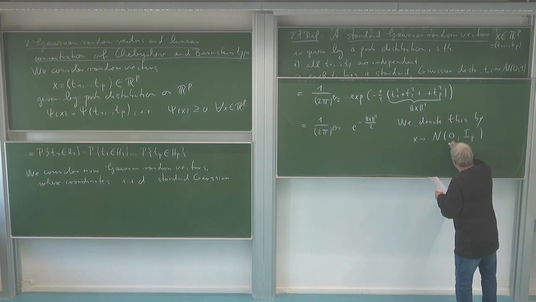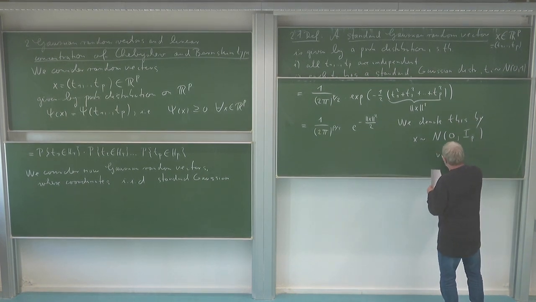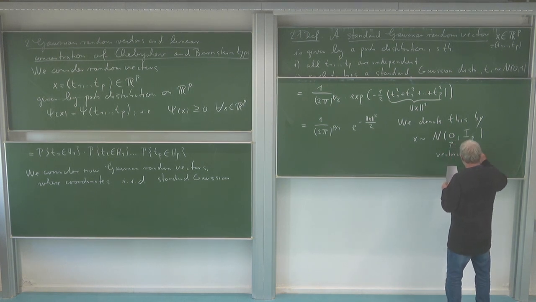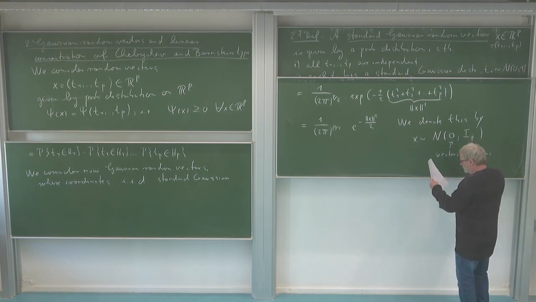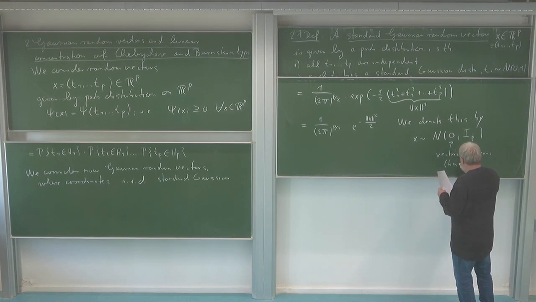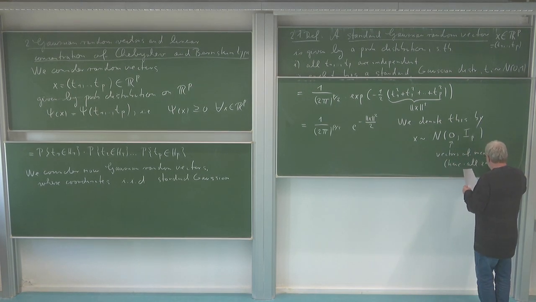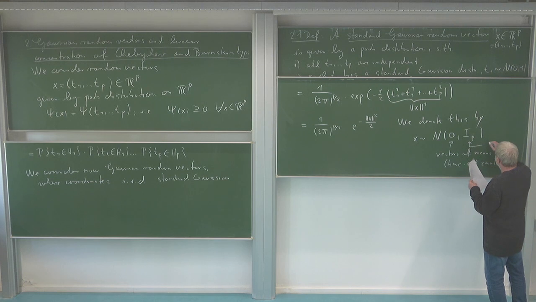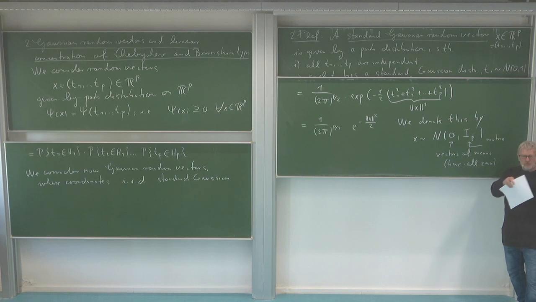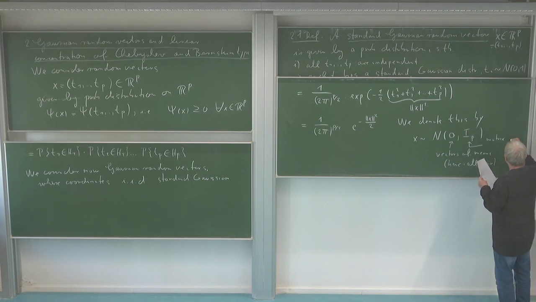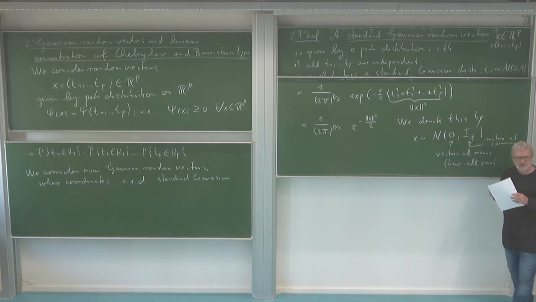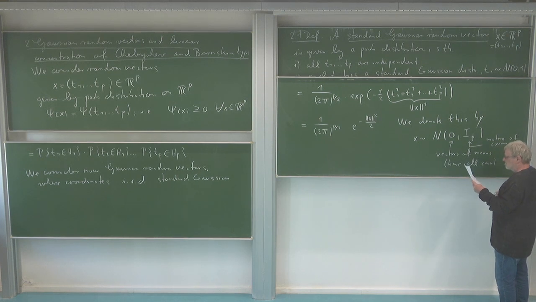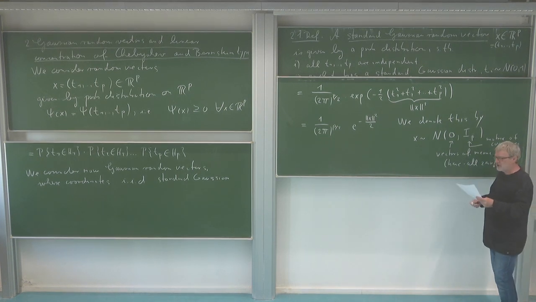This is a vector of means in general, but here it's just a 0 vector in R to the p, and this here is the covariance matrix, the matrix of covariances between all my entries. And here it's just the identity matrix, a p by p diagonal matrix where I just have ones on the diagonal.